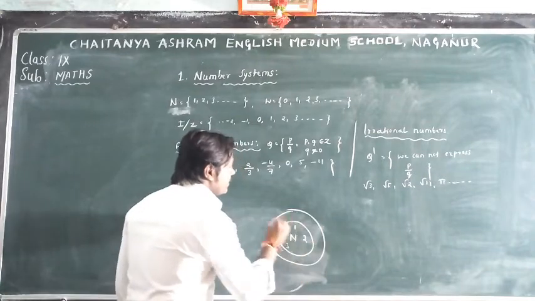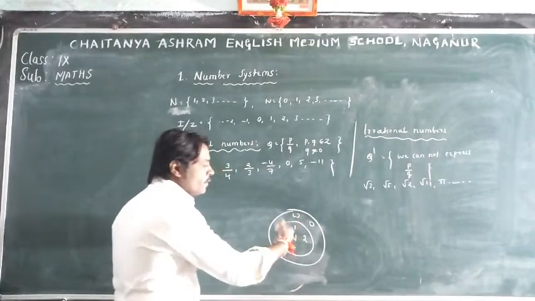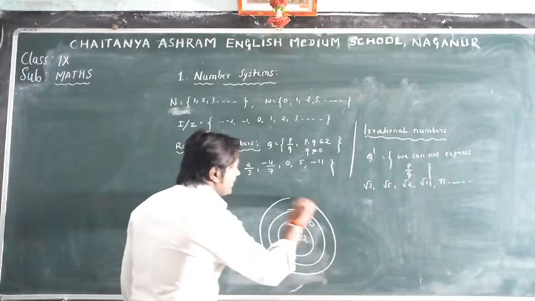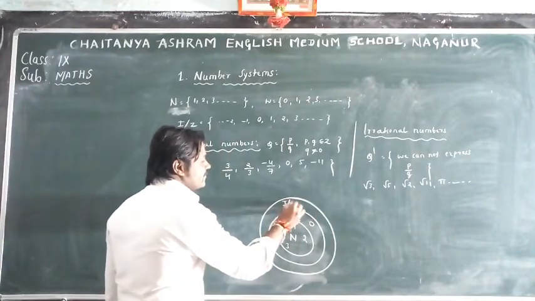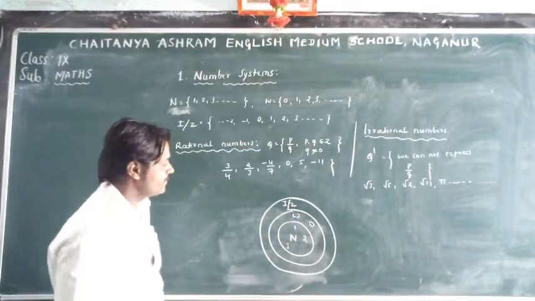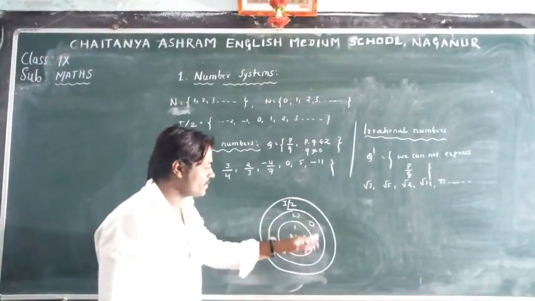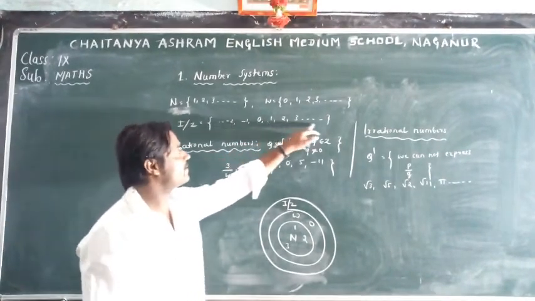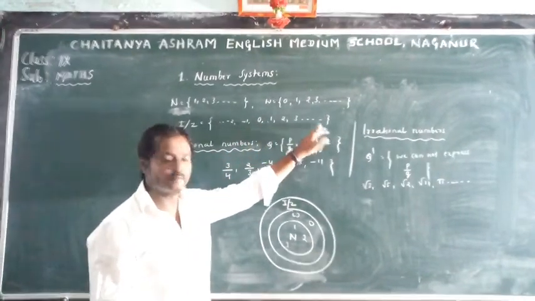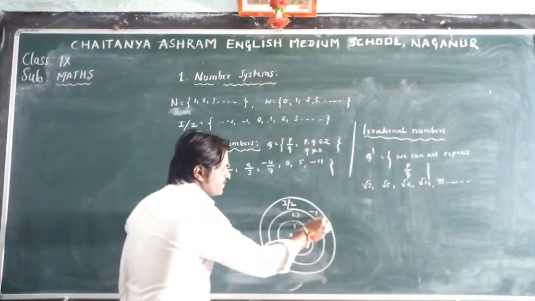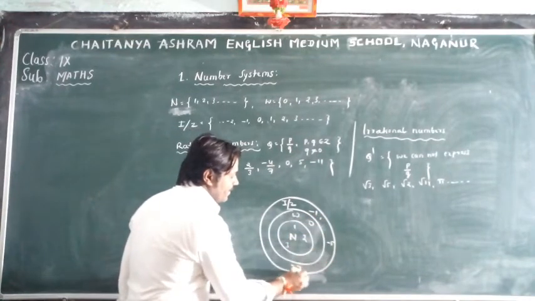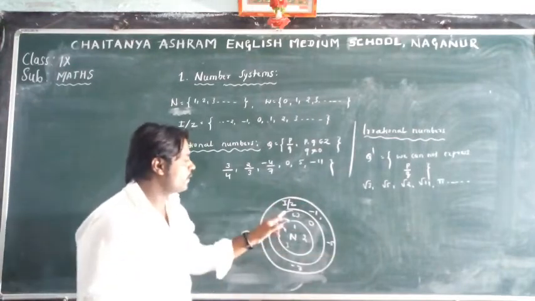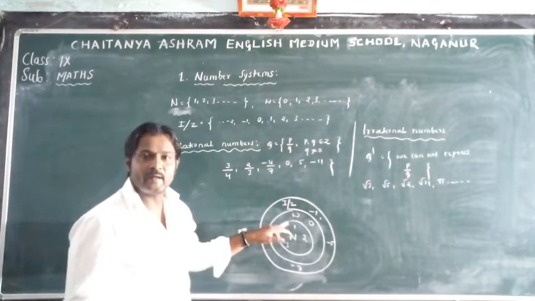This is the set of whole numbers, 0 along with natural numbers. This is the set of integers, I or Z. It includes whole numbers and natural numbers. See here, natural numbers are there, whole numbers are there, along with some negative numbers, -1, -5, -7, -8.